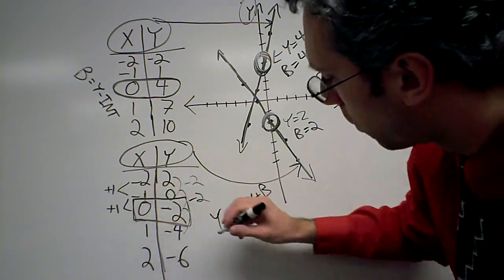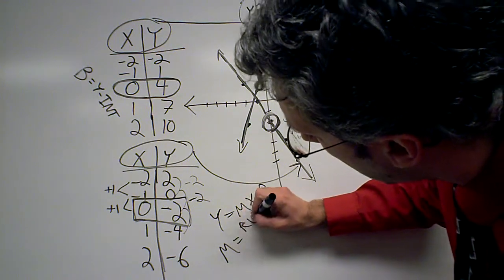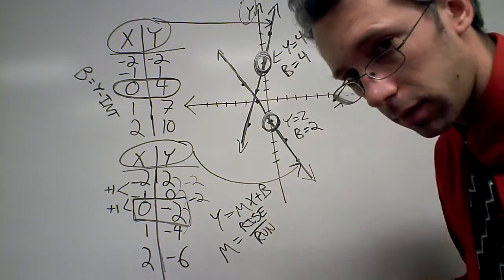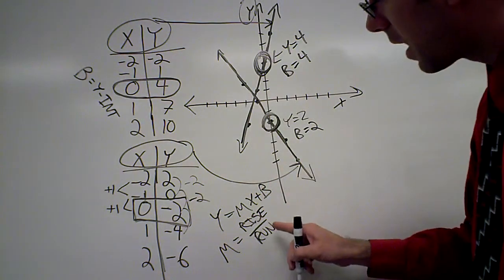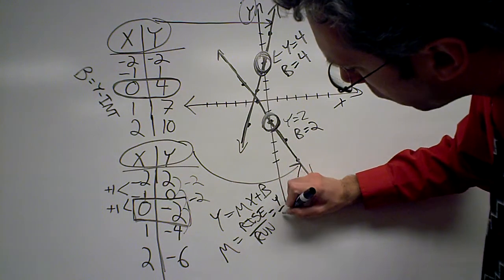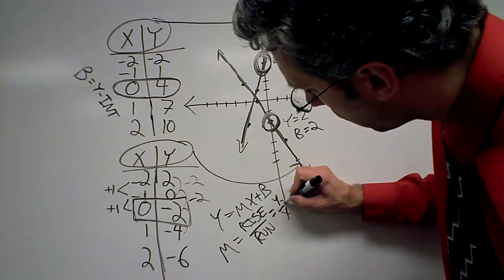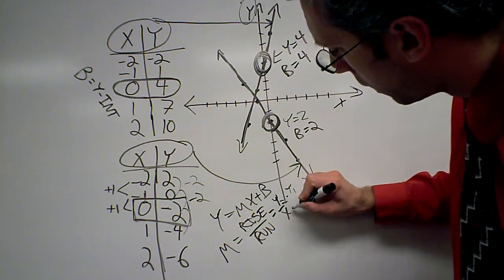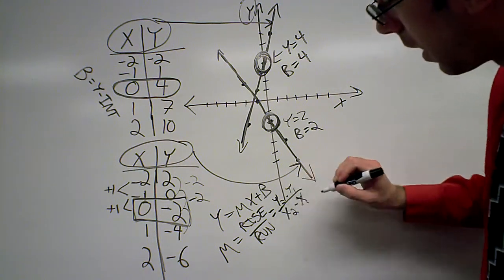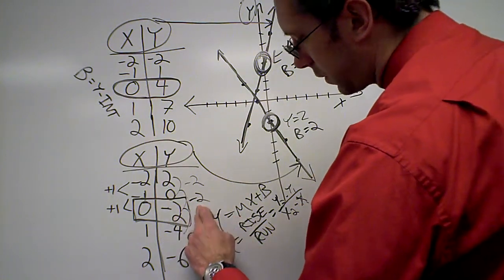And here's our slope. To find our slope, m is equal to the rise over the run, because m is our slope. That represents what's changing in the y's over the x's. We also write it sometimes as y2 minus y1 over x2 minus x1. But all we really need to do is look at the change on the y side, which is -2.